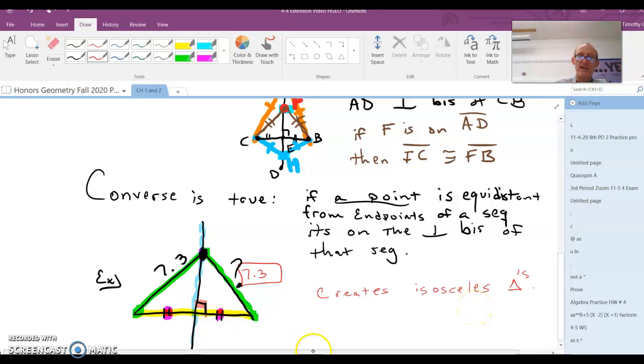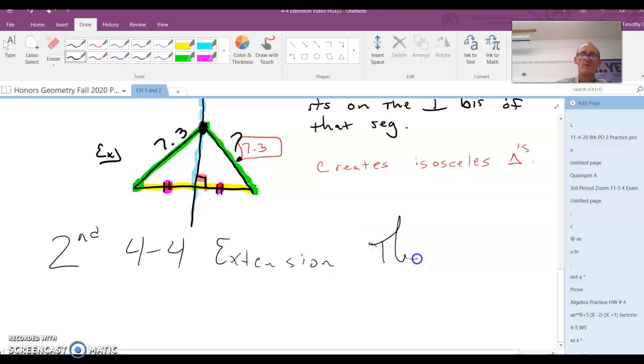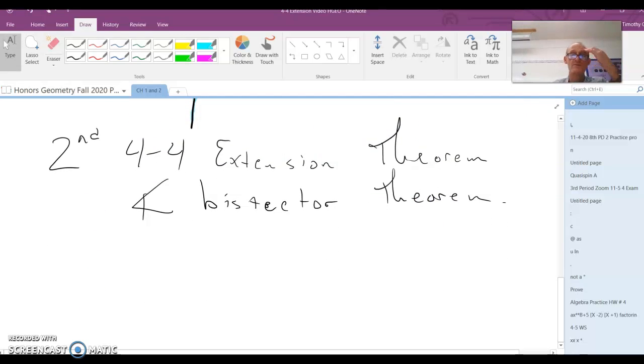So the second theorem about this, the second 4-4 extension theorem, is the angle bisector theorem.